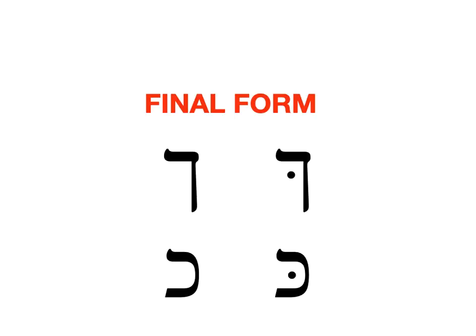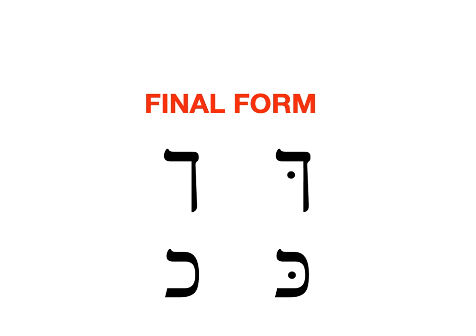The kaf also has a final form. And with final forms, they are not tricky. There is no special sound. There is no special meaning. They're really used to help you know where the end of the word is. So when that kaf is at the end of the word, it is written a little differently.